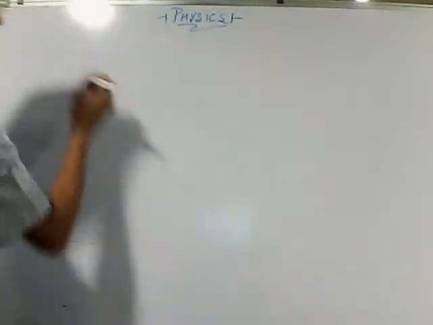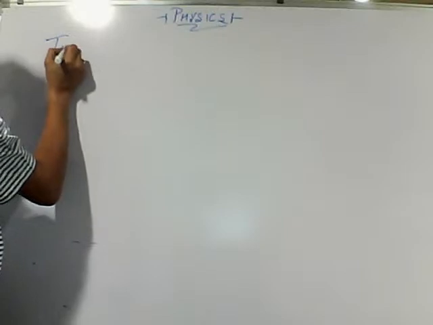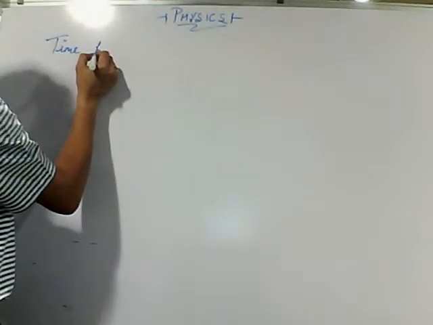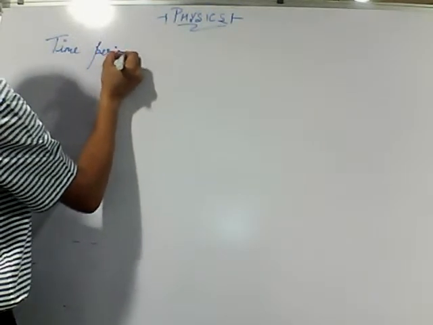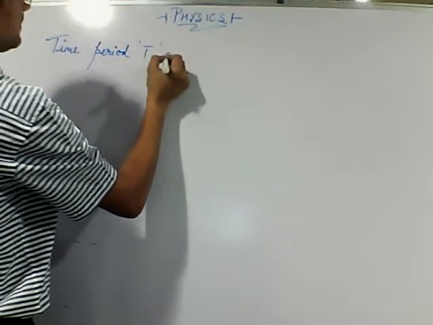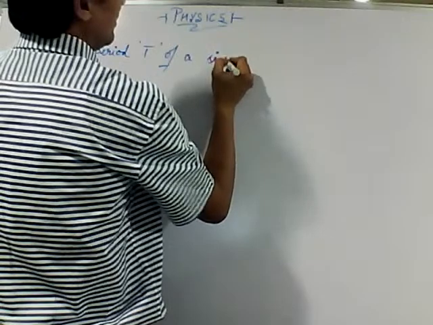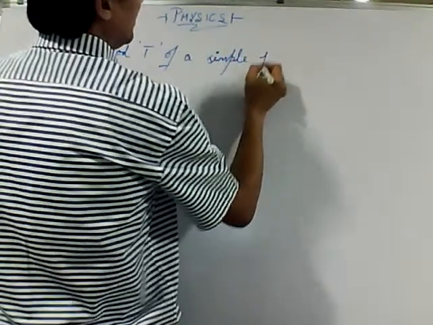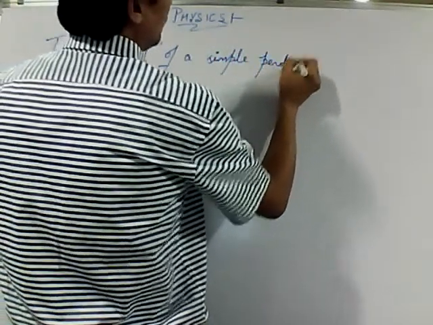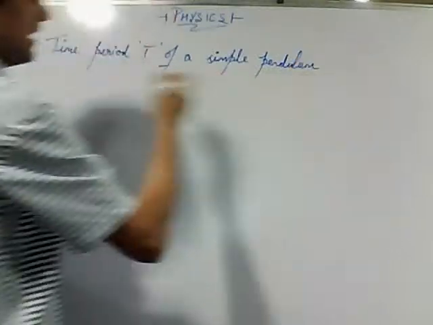dimensional analysis. So the question goes as: time period T of a simple pendulum. Please go on writing the question so that I can rub it.